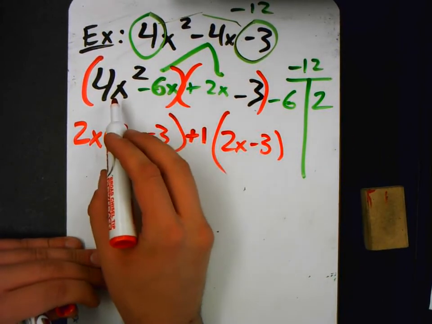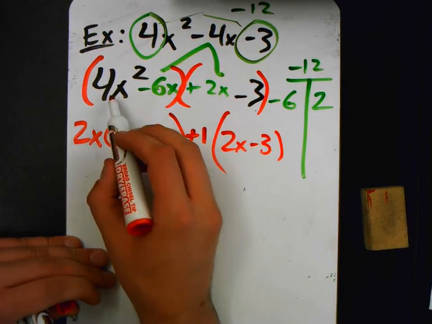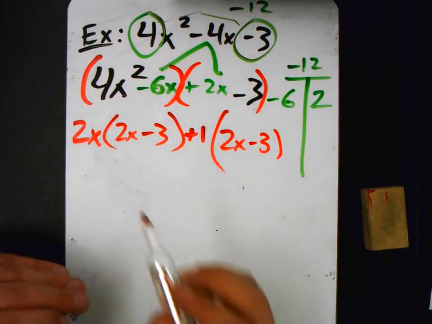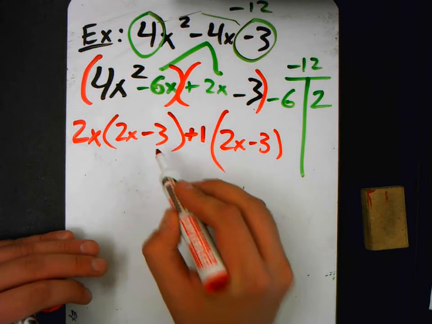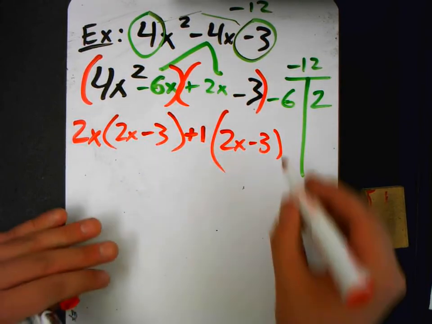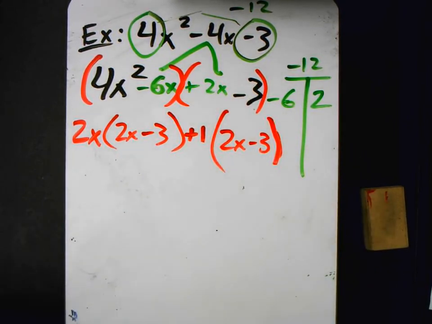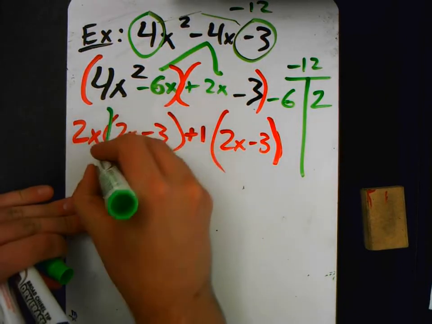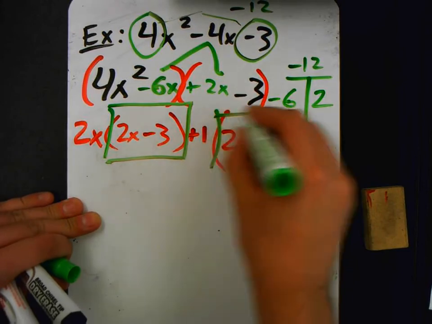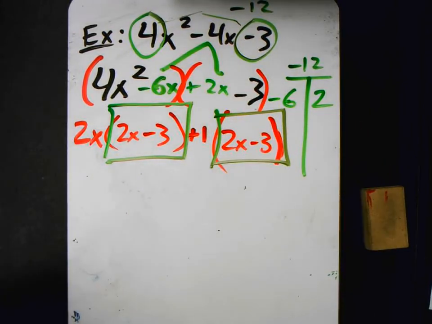You can check the same exact idea back on this one. 4x squared divided by 2x equals 2x, and negative 6x divided by 2x equals negative 3. If each of your terms inside the parentheses are identical, then we have factored correctly.